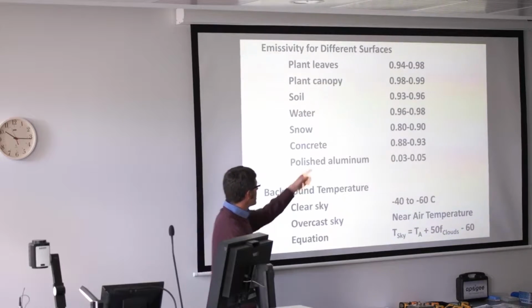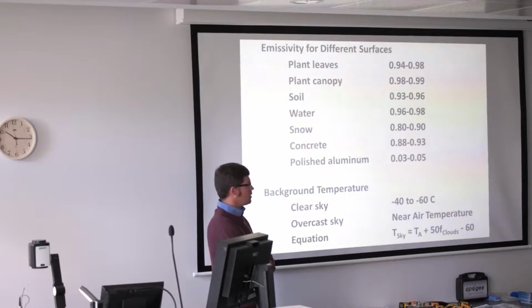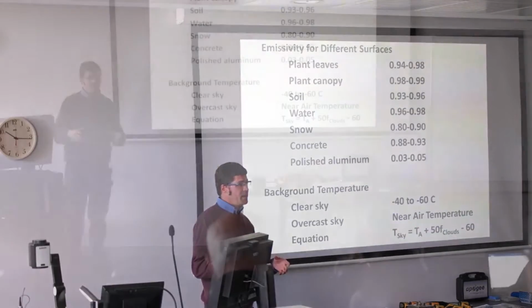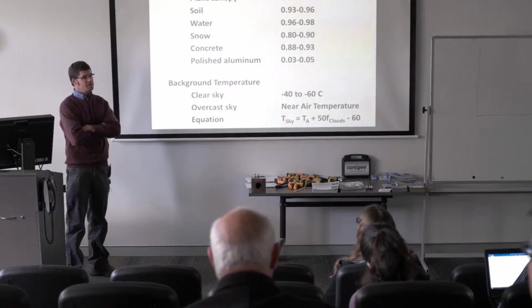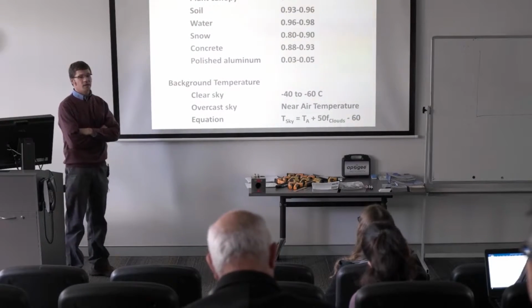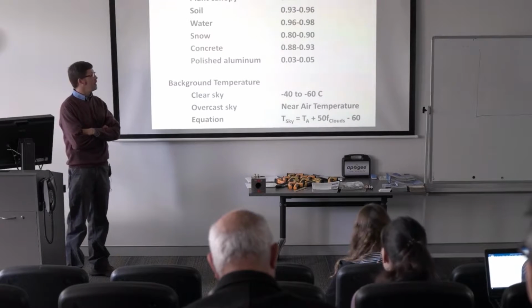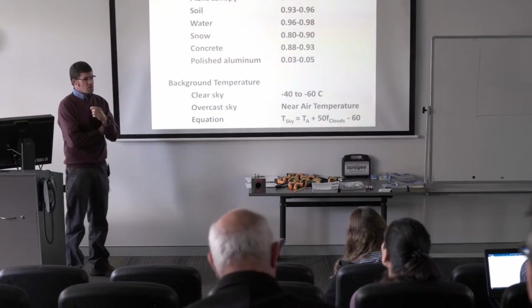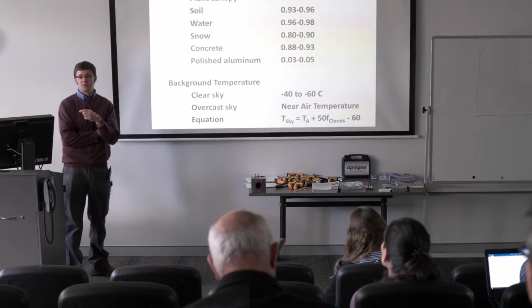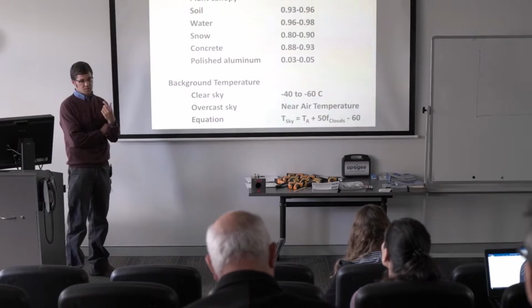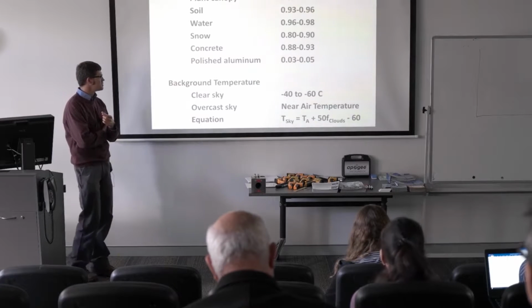Not quite, because none of them have an emissivity of 1. Deep plant canopies that have a lot of leaves can be really close to black bodies, 0.99 in some cases. So the emissivity effect tends to be small in environmental applications, but again, it can be quite important, especially if we have clear sky conditions.